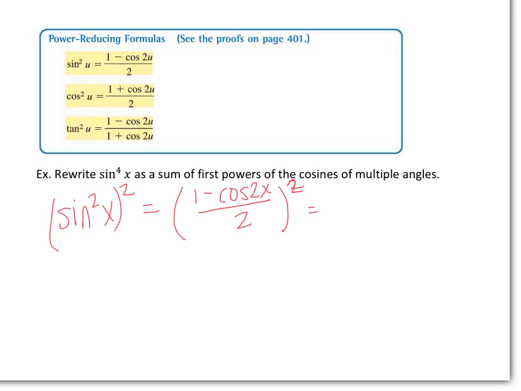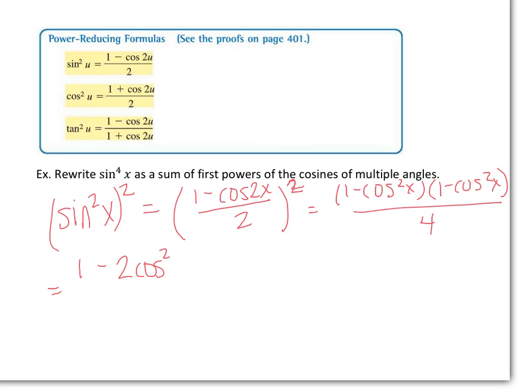When I square this, I'm going to get 1 minus cosine 2x times 1 minus cosine 2x over 4. I'm going to FOIL out the top, which is going to give me 1 minus 2 cosine squared x. Oh, they're cosine 2x's, not squared x's.